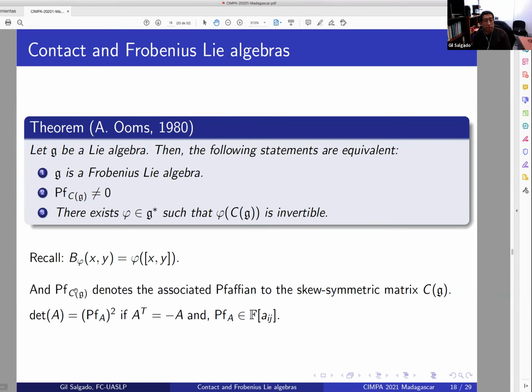And the Pfaffian of the matrix is the square root of the determinant of the matrix when we are thinking that this determinant is a polynomial in the entries of the matrix. And we need to normalize to get this element as a unique element.